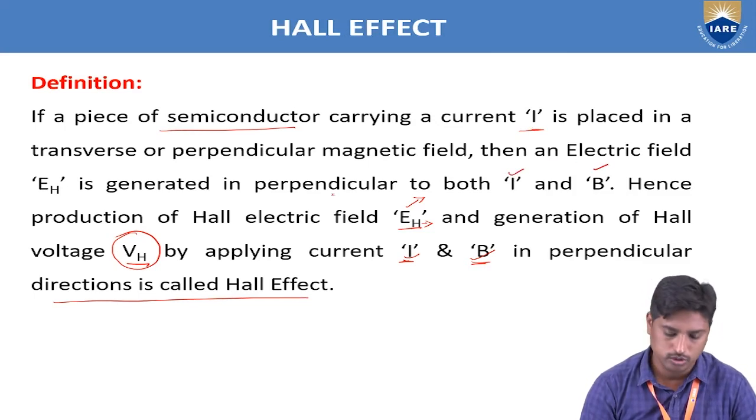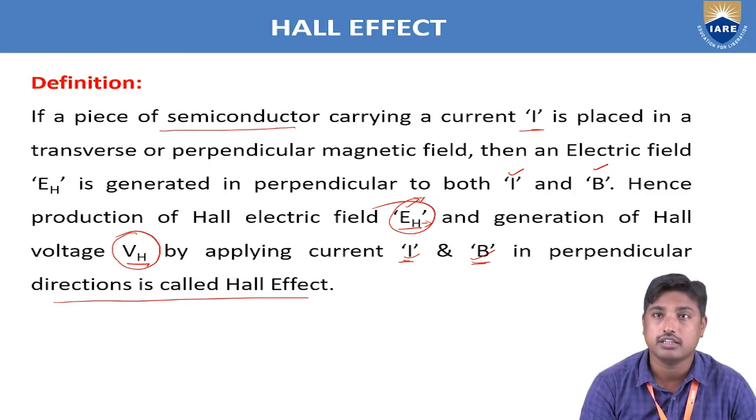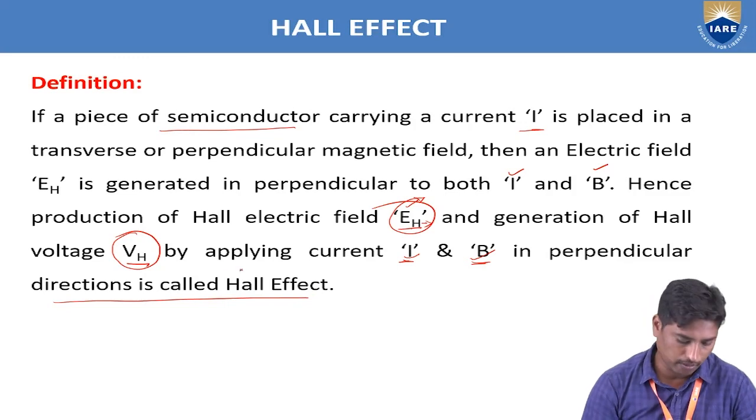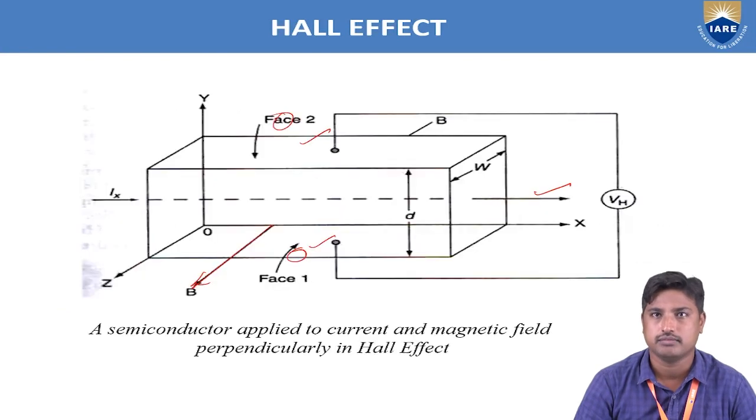Due to developing that electric field, a potential difference is created between face 1 and face 2. Due to the potential difference, some voltage is developed across the material. The developed voltage we are calling Hall voltage. And this is the total practical evidence.